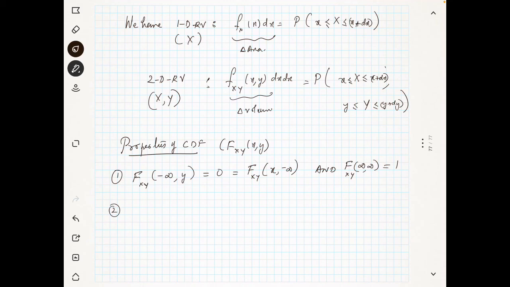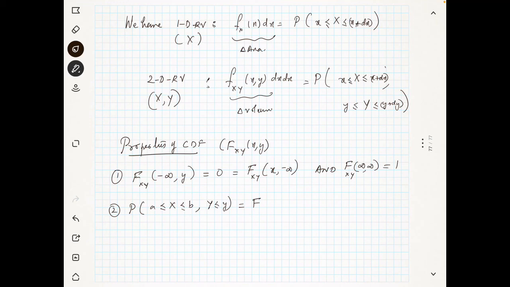Then the second property is the probability that x takes the value between a and b, and y is less than or equal to y.